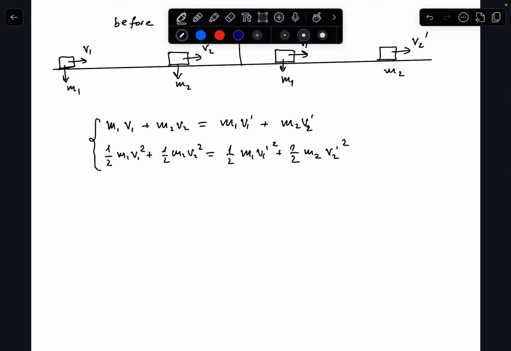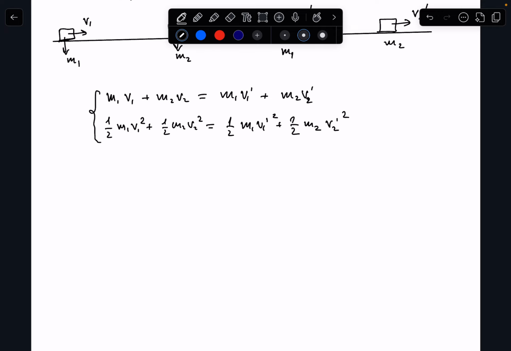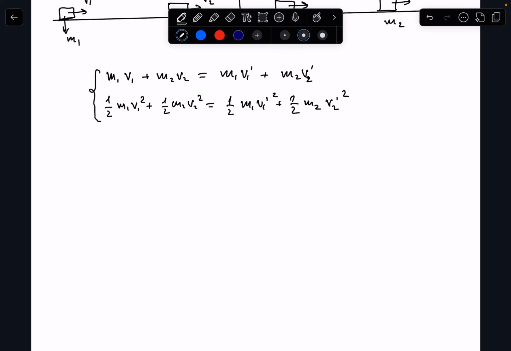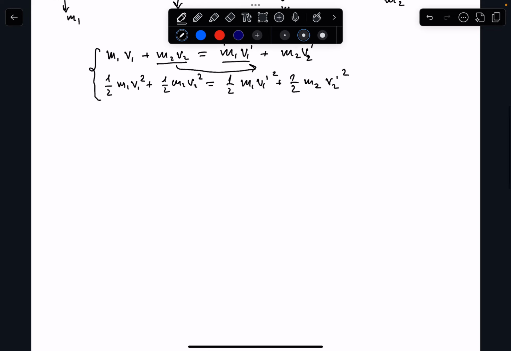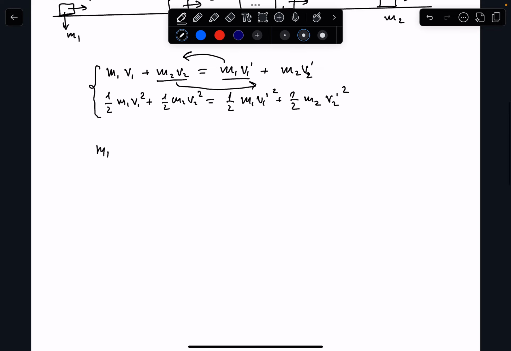We don't have to always solve these two equations. We can make it very easy, very short, and very handy. First, let's move the first term on the right-hand side of the equation to the left, while moving this one to the right-hand side, and it becomes m1 v1 minus m1 v1 prime equals m2 v2 prime minus m2 v2.